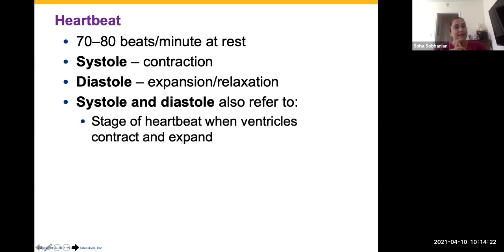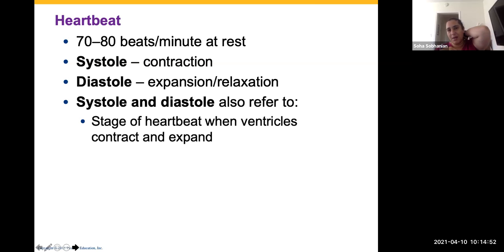The more sedentary lifestyle you live, or if you are pregnant, or if you have some sort of medical condition, you may be on the upper end of the heartbeat range. The more active you are, the healthier you are, your heartbeat is on the lower range. But a lot of people just genetically may have a higher heart rate. It doesn't really mean anything.